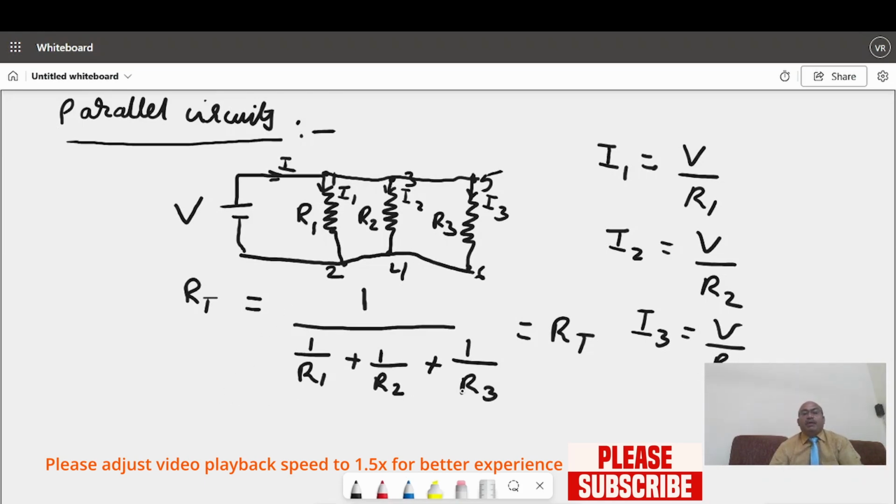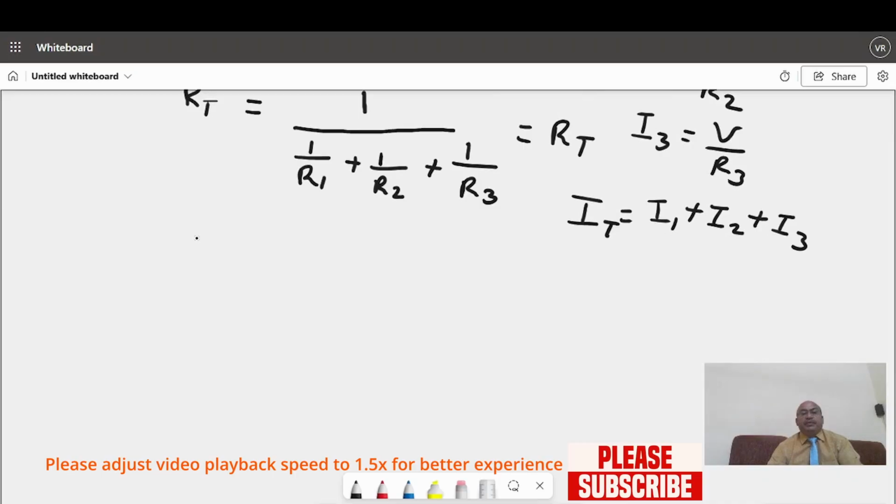If you want the total current, I is equal to I1 plus I2 plus I3. The total current is also equal to voltage by RT, so these two must always be equal. This is the calculation of currents for individual branches in a parallel circuit.